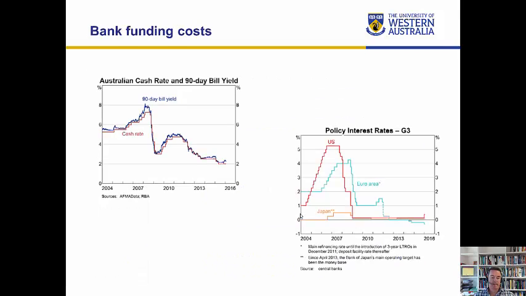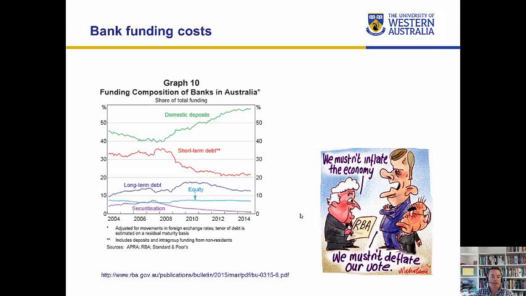So coming back to this, we've got this graph here which shows the funding composition of Australian banks from about 2004 through to 2014. So the interesting point here is around about 2008-2009, following the global financial crisis, you can see that there were some deliberate and quite significant changes to the funding composition of banks in Australia.